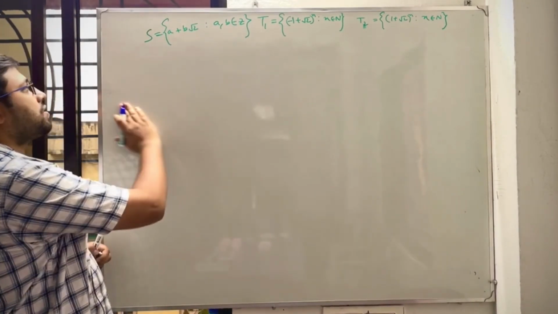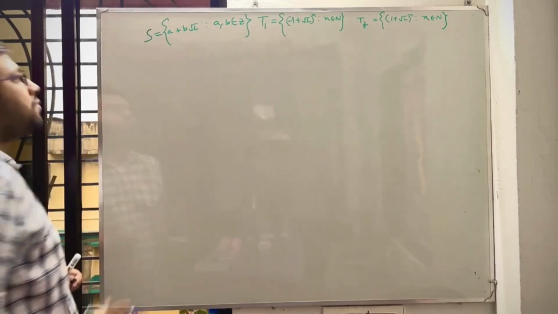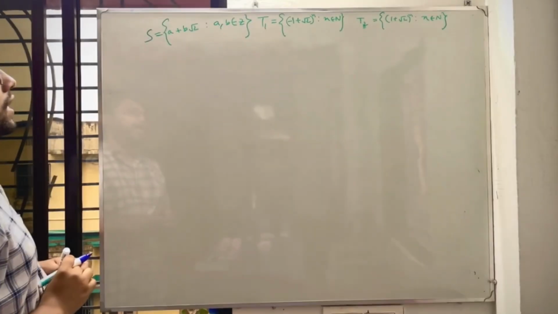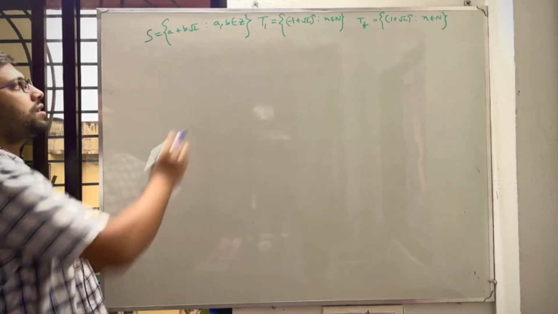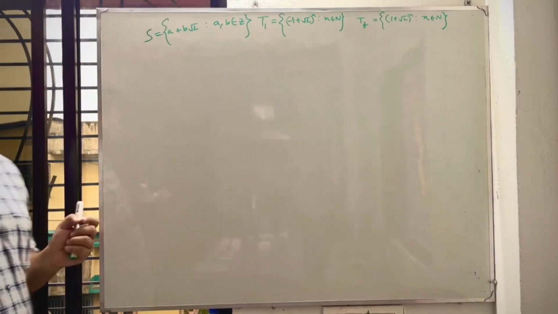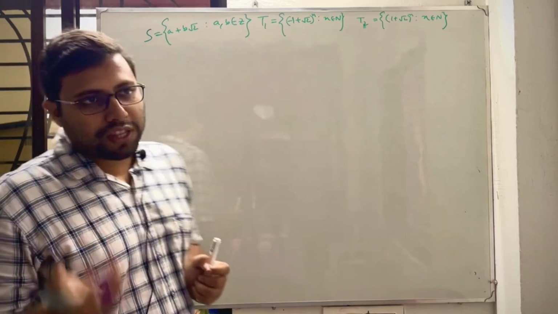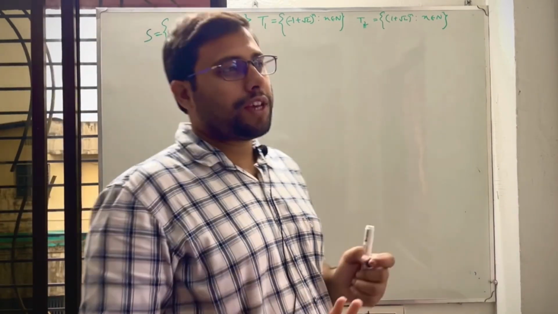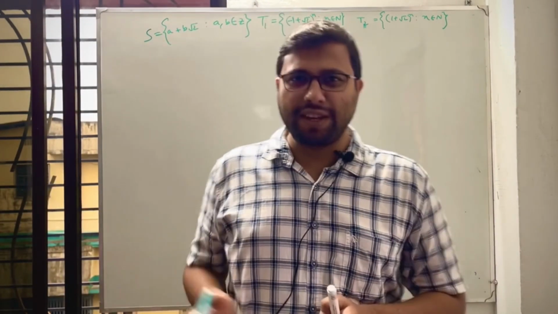S is a set of the numbers which is of the form a plus b root 2, and a, b are integers. So a may be positive, b may be positive, or a, b may both be negative, or any one of them may be 0 or anything else.